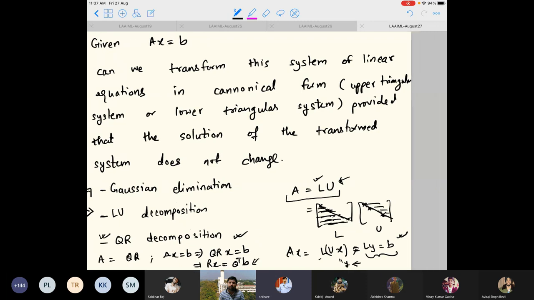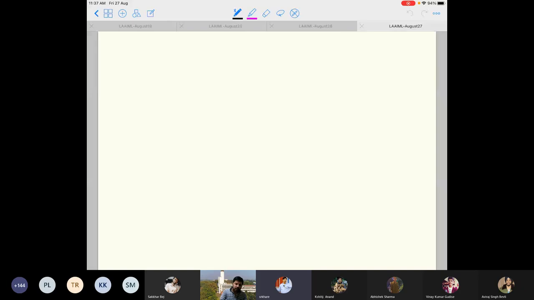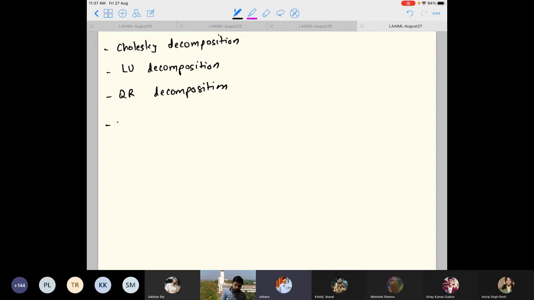Because you mentioned it, I'll just say, these decompositions: Cholesky decomposition, LU decomposition, QR decomposition, eigenvalue, eigenvector decomposition, and singular value decomposition.